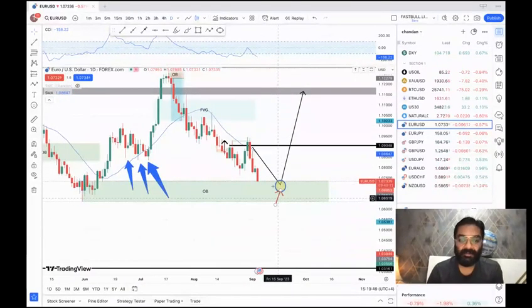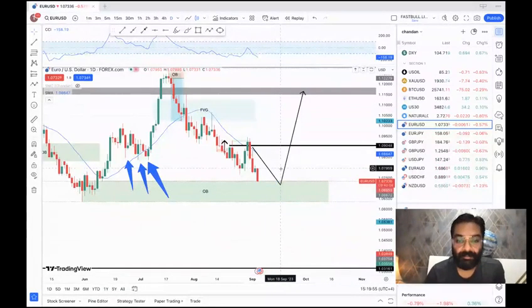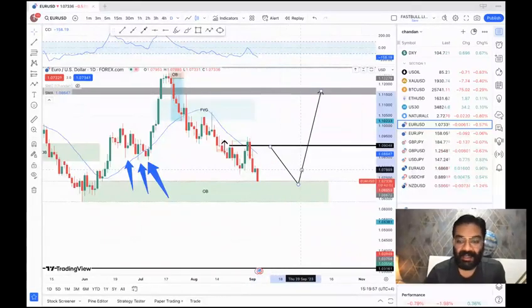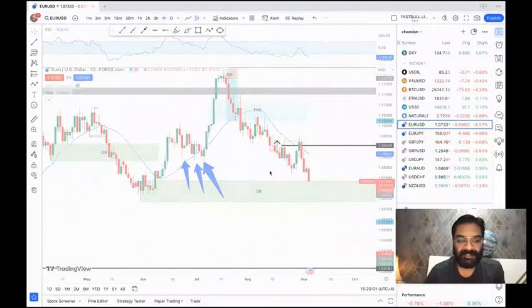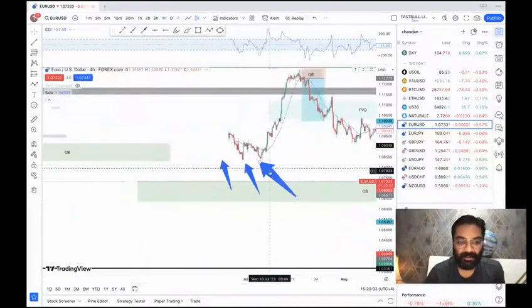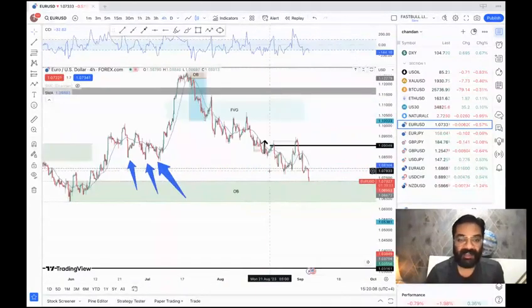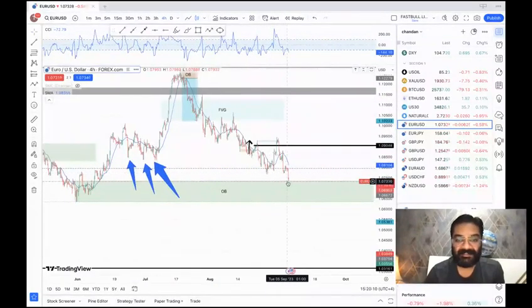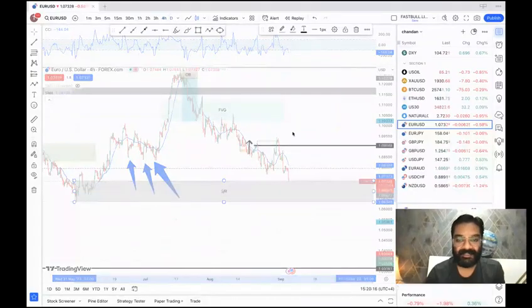I now don't think this order block will act as a point of interest to go up. Let me go on 4 hours and check the order block. Oh, there is no power in this now. It is just a support now. Okay, let's go back to the daily chart again.